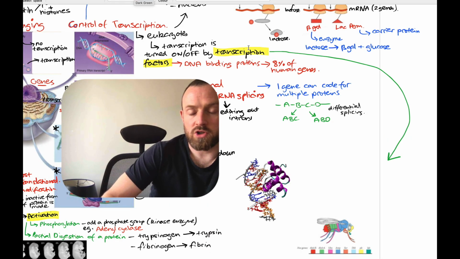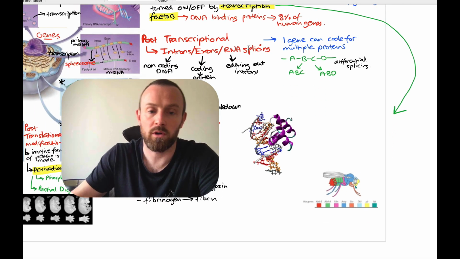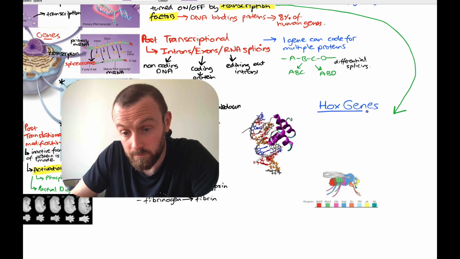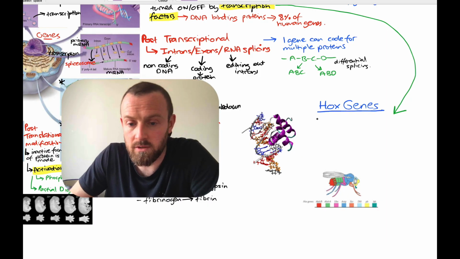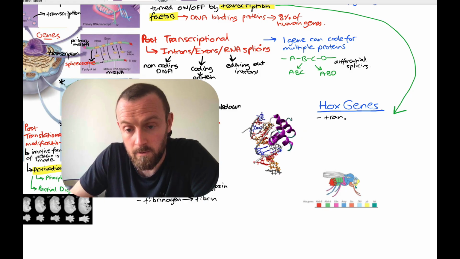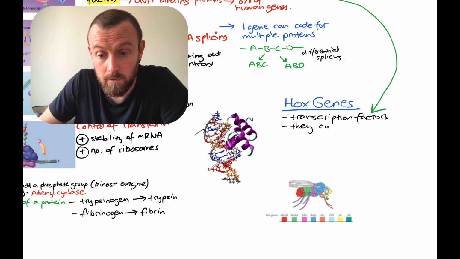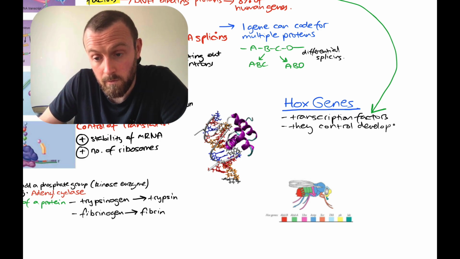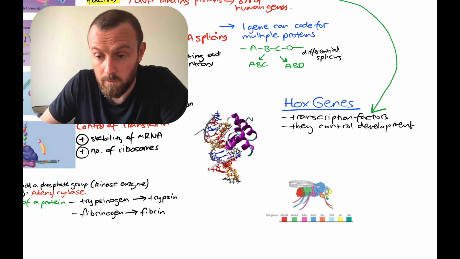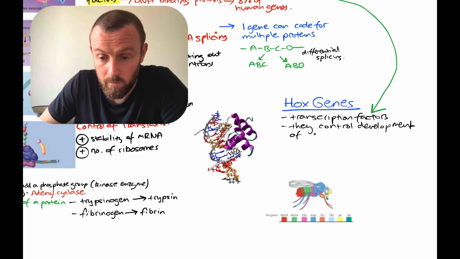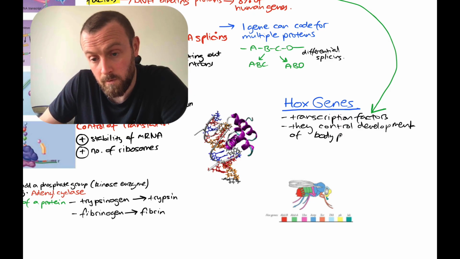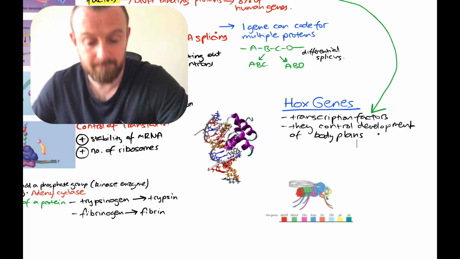Hox genes are genes that control the development of body plans. The Hox genes are transcription factors. And they control development of body plans.